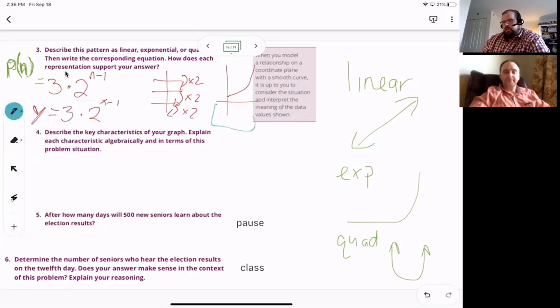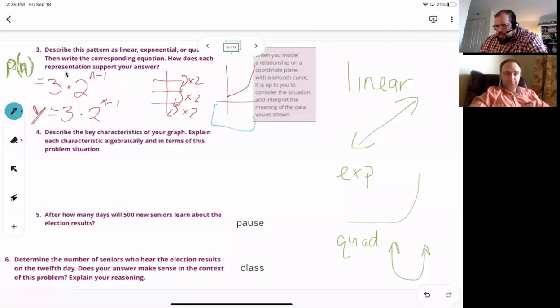And that's a really good description of how the graph supports that decision. To me, the table supports that because I know exponential means we're multiplying by the same amount each time. You might call this a common ratio. It's also geometric in some lands. And the exponential also makes sense for the equation because you have a letter in the exponent.